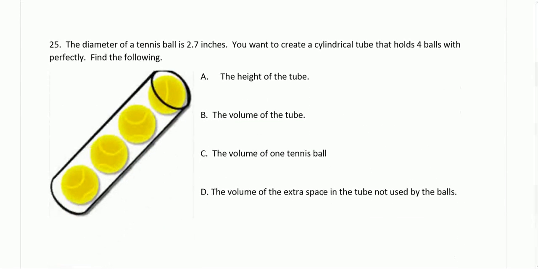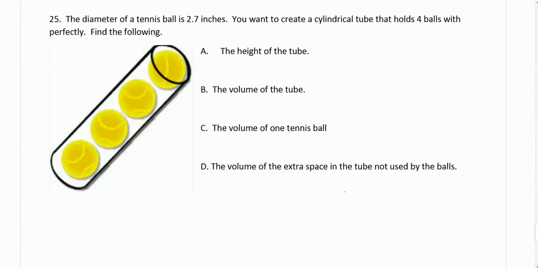25. The diameter of tennis balls is 2.7 inches. You want to create a cylindrical tube that holds 4 balls perfectly. So the height of the tube we need to find. Well, if the diameter is 2.7 and you want 4 balls, you're going to go 4 times 2.7 for the height of the tube, which is 10.8 inches.